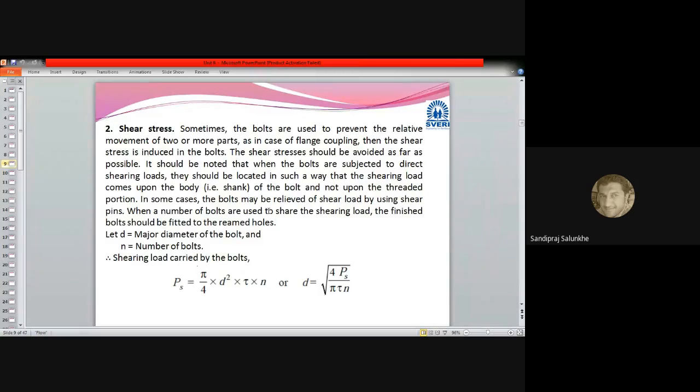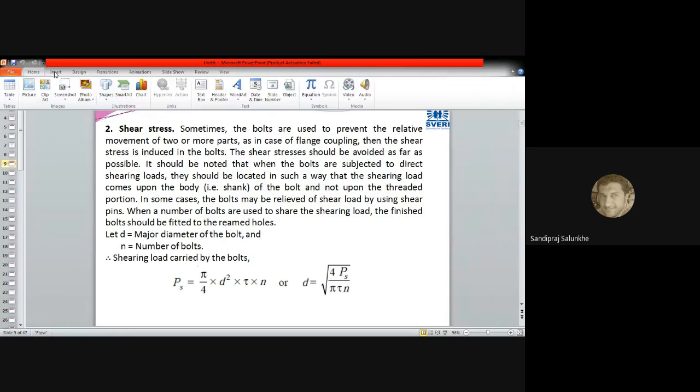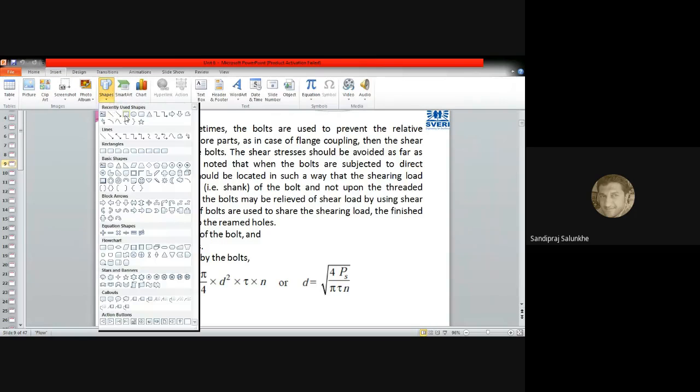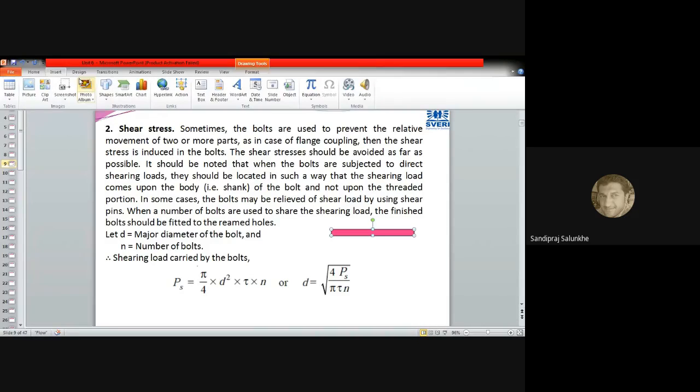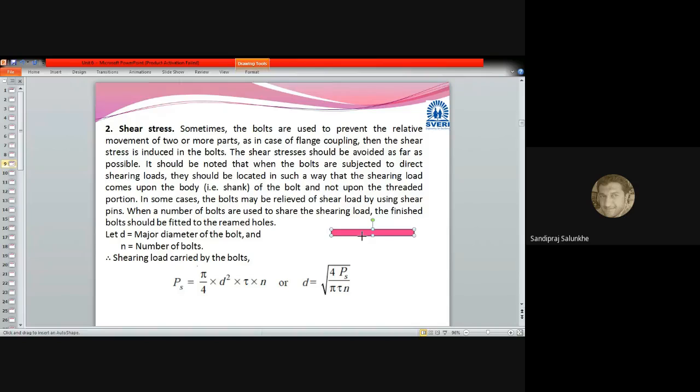pulled against each other. Here I will draw the diagram. You will understand what it means. Suppose we have this one plate, and the other plate is connected to this plate. Around that, welded joints are also used for this.